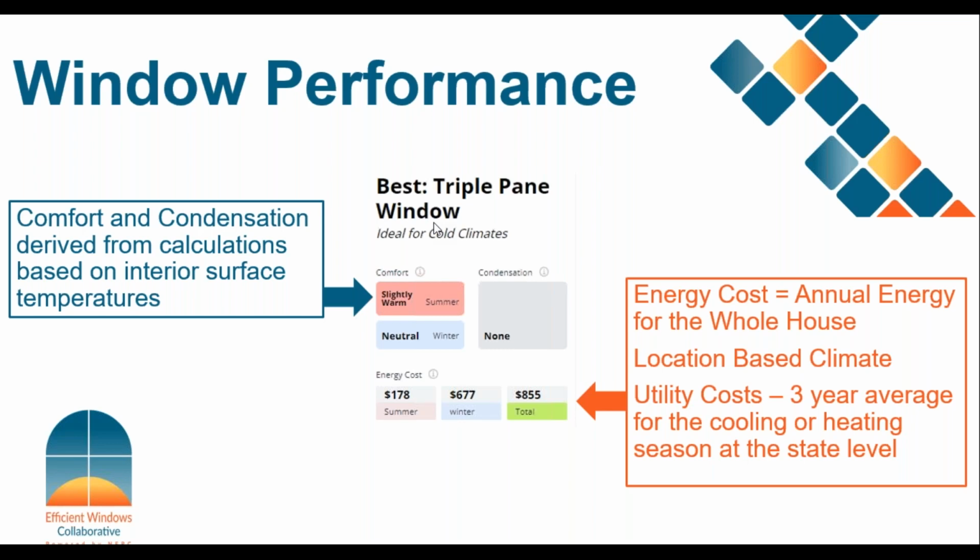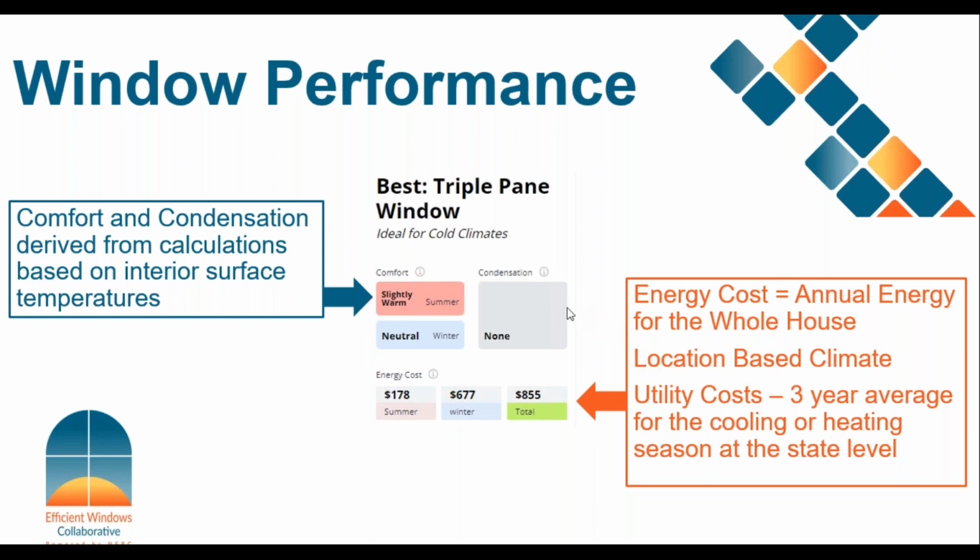The energy costs are based on the annual energy for a whole house. They are based on the location climate, so when you enter your zip code, that determines your climate data and information. The utility costs being used are a 3-year average for the cooling and heating seasons for the state that you are in.